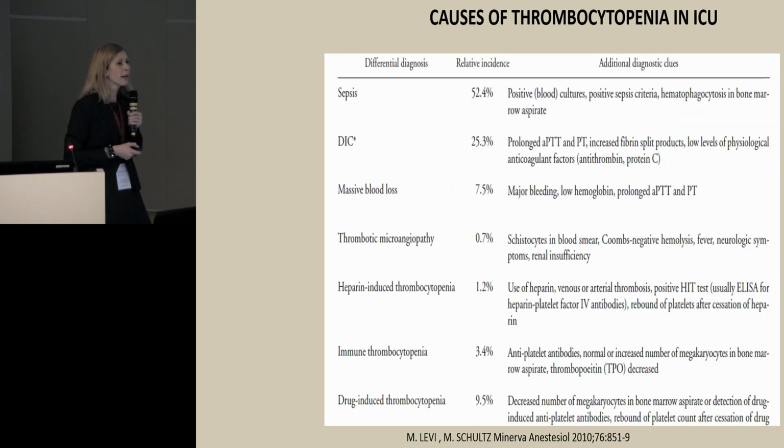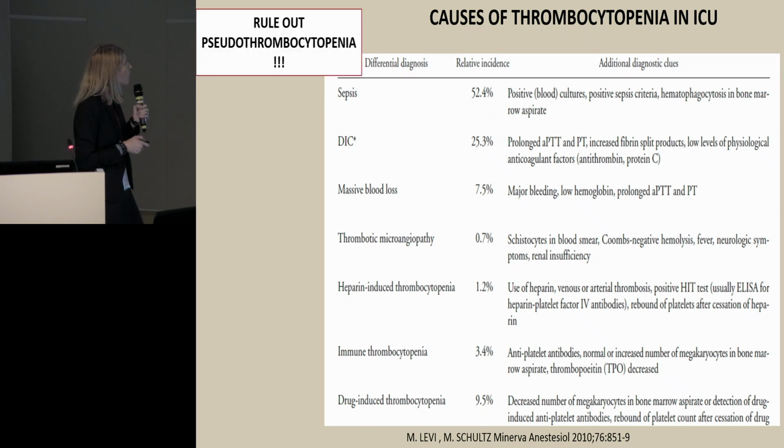We have 7 main causes of thrombocytopenia in ICU. But the first thing that we need to see, we need to make sure that we really have thrombocytopenia, because it is very often that we have pseudo-thrombocytopenia, a falsely low platelet count, due to different problems such as, for example, blood draw, such as blood clotting in the blood tube, and actually the patients do not have thrombocytopenia, and we start to think and look for something that does not exist.